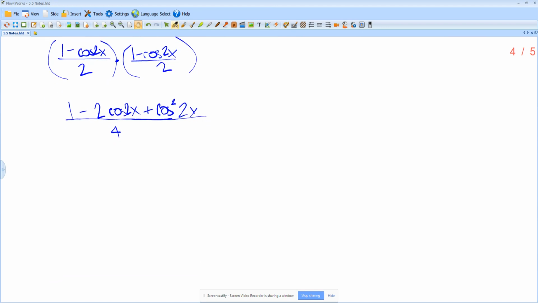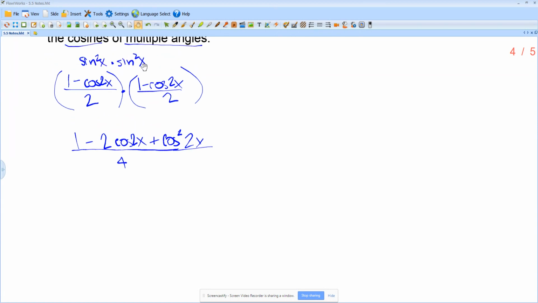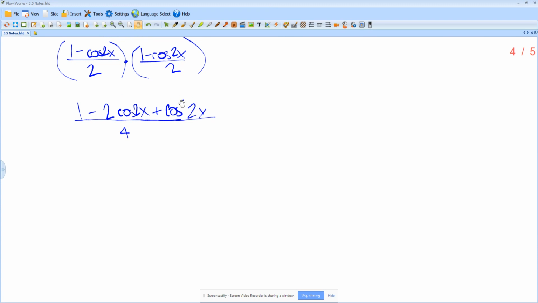And at this point, you have a weird thing that happens, because we just did the power reducing formula to rewrite sine squared and sine squared, but now we're left with another squared. So we're going to have to do another power reducing formula on this. Let's just switch colors real quick. On this, we're now going to do the cosine power reducing formula. That power reducing formula says that the cosine squared of u is equal to 1 plus cosine of 2u over 2.